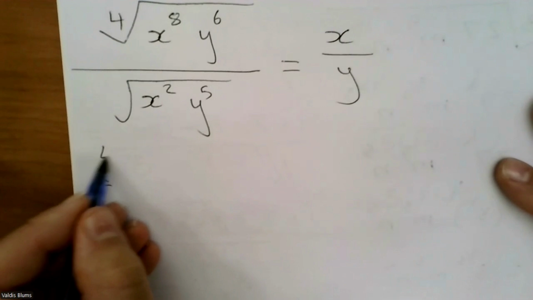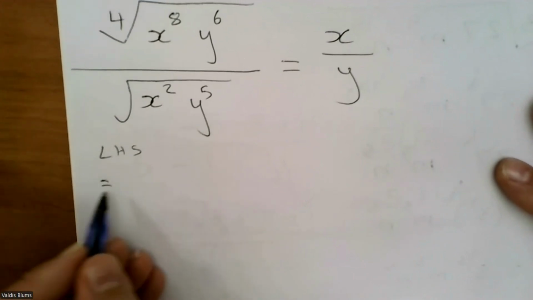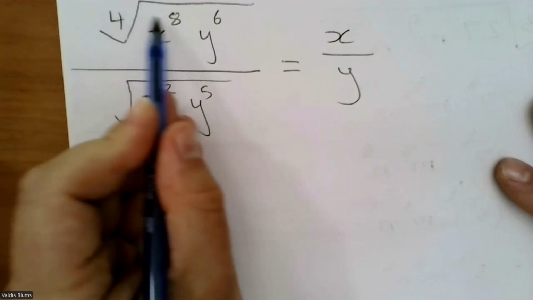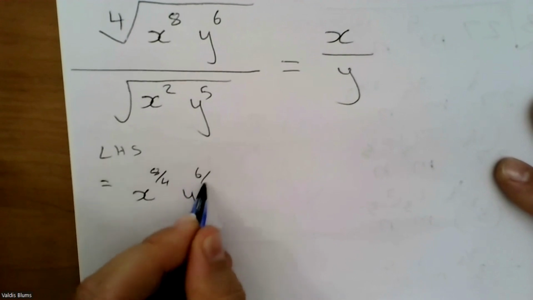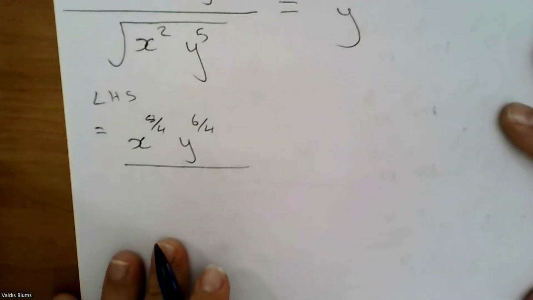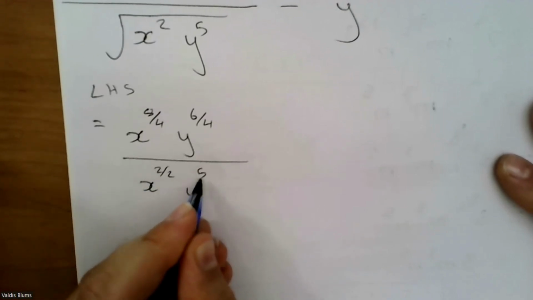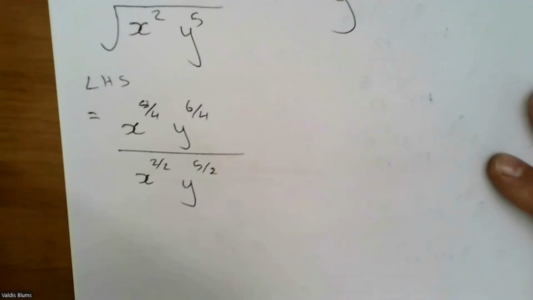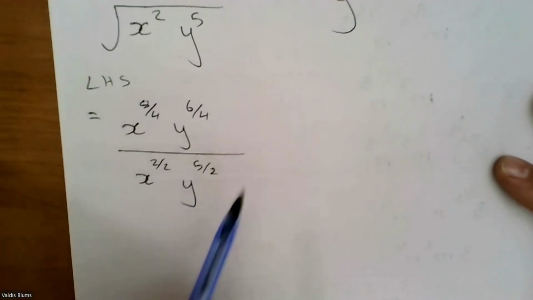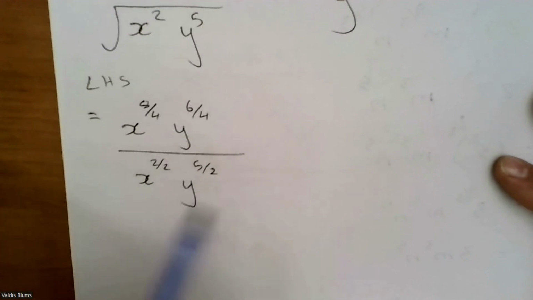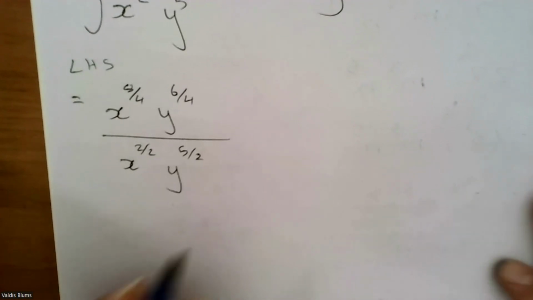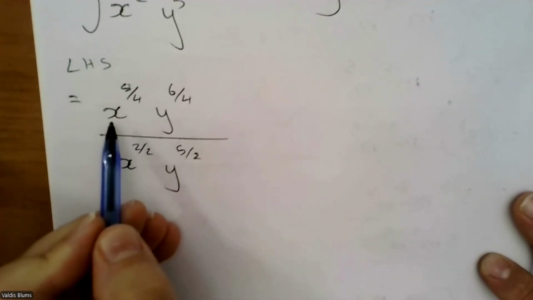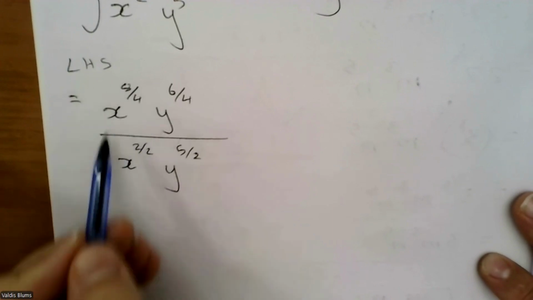So looking at the left-hand side, we have x, bring the 4 in as a denominator of power. We have 8 on 4, y 6 on 4 over x squared on 2, y 5 on 2. So all of a sudden, this is becoming kind of like an index question, simplifying indices. Now you have division here.